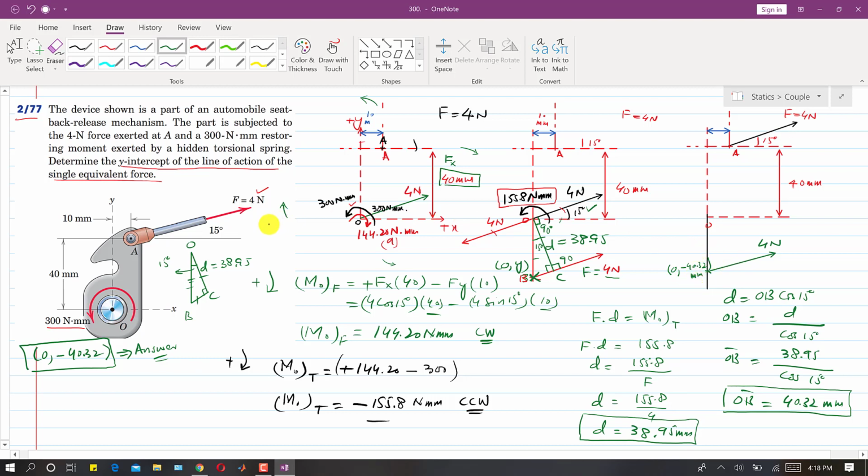When we replace this force and this moment by a single force, that force will be located here in the negative y direction, and the distance of the line of action of this force along y will be minus 40.32. So this is the solution of this problem.